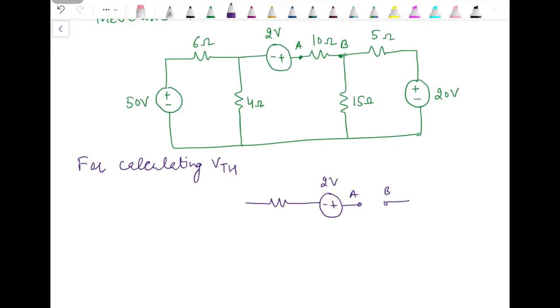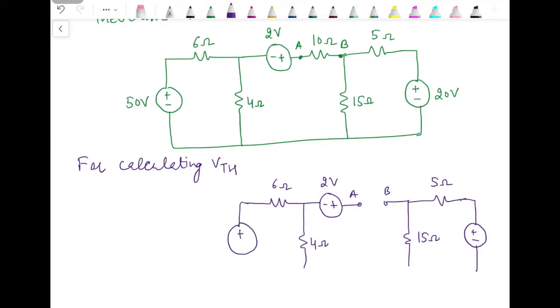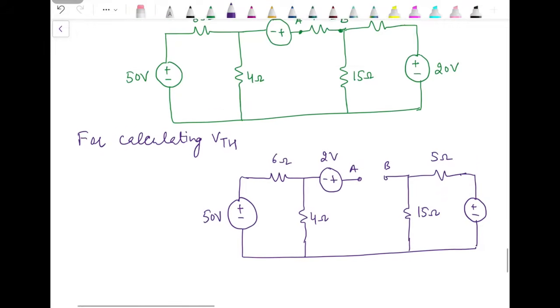Between A and B, we have removed the 10 ohm resistance. Now this is the circuit after removing the load resistance.